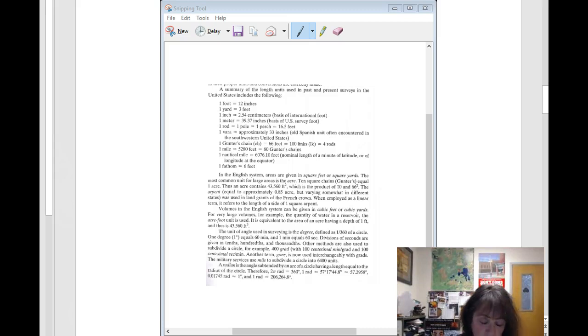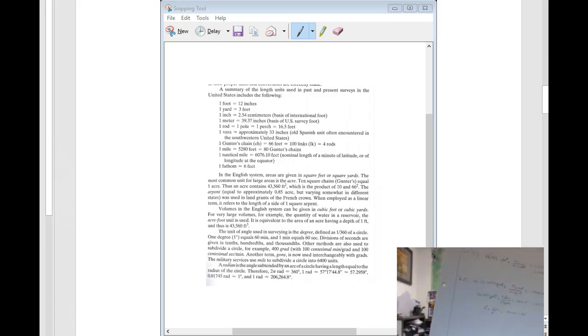A minute is abbreviated by a single tick, so I'm going to write that as 24 minutes. Since I don't have a fraction, I don't have to compute seconds because there are no seconds. If that number, instead of being 24, had come out to have a decimal part, I would have to take the decimal part and multiply it by 60 to convert it to seconds.